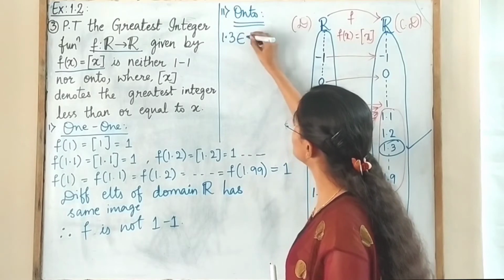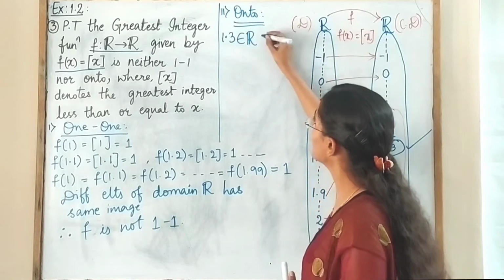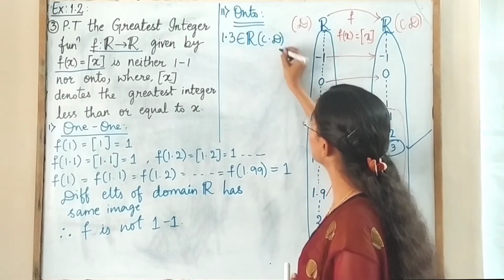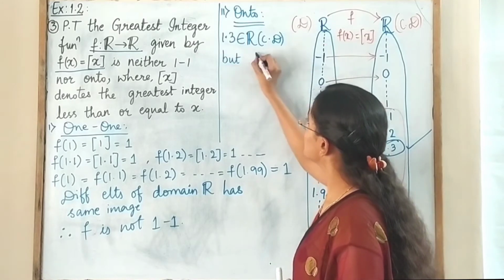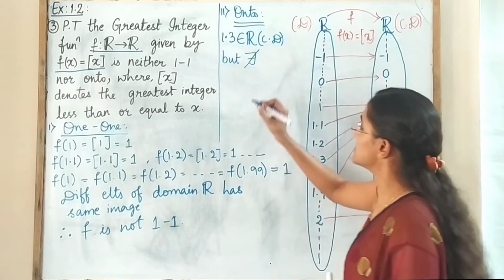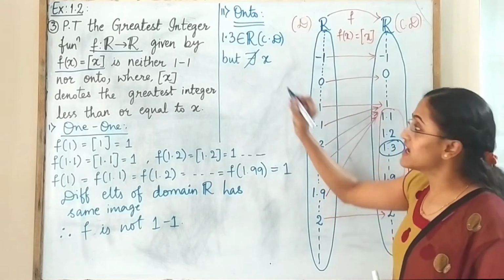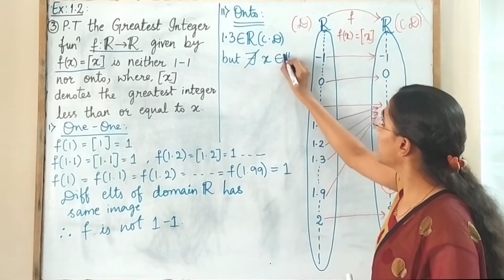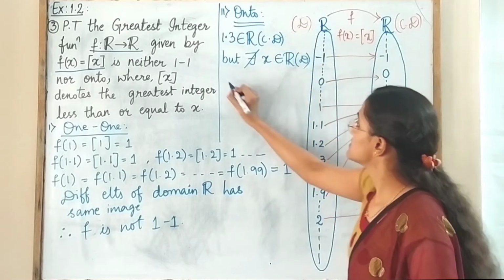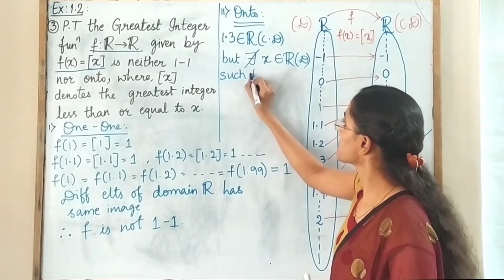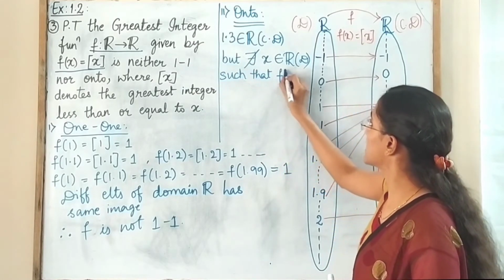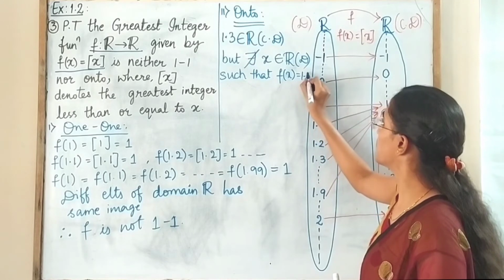1.3 belongs to the real numbers R, which is in the codomain, but there does not exist any element x in the domain R such that f of x is equal to 1.3.